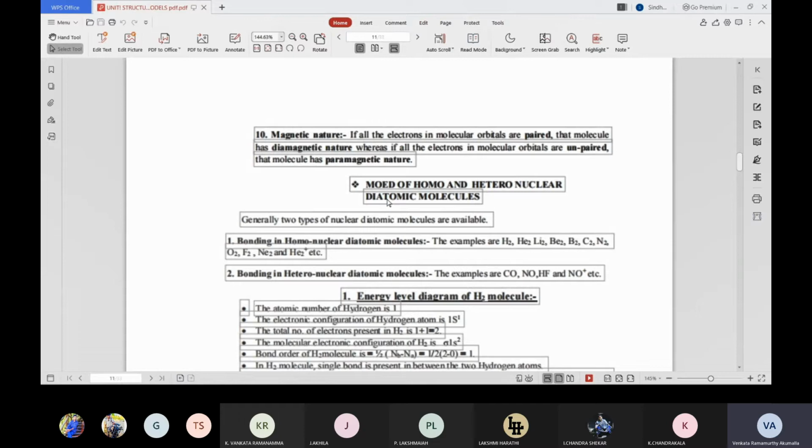Another one is the model of homo and heteronuclear diatomic molecules. This is very important. Generally, 2 types of diatomic molecules are available.